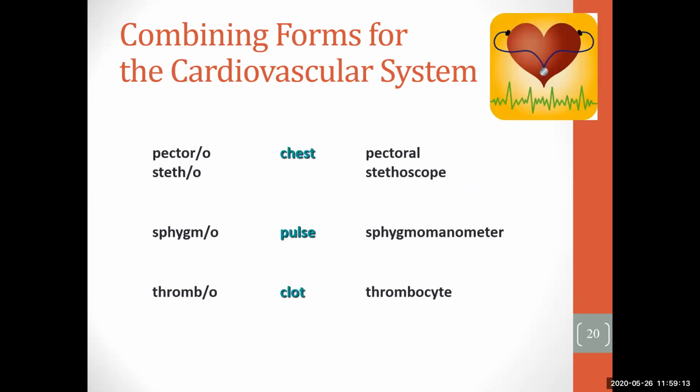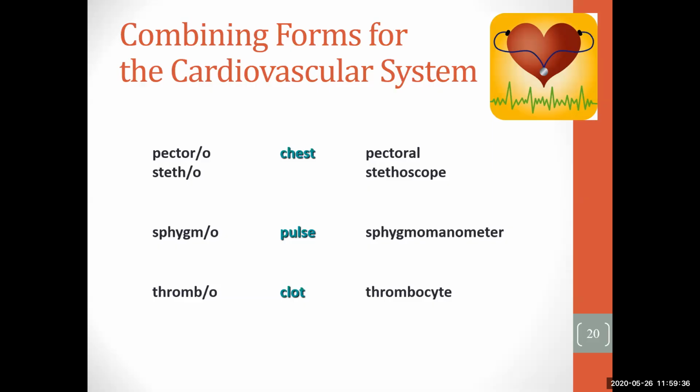Pector or stetho both mean chest, so pectoral is pertaining to the chest. Stethoscope: scope means to examine or see, so we use a stethoscope to listen. Sphygmo is pulse, so the sphygmomanometer would be the blood pressure cuff.